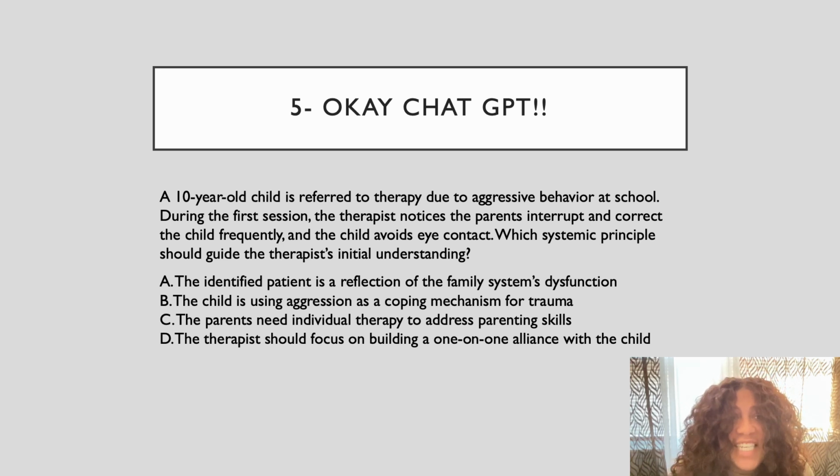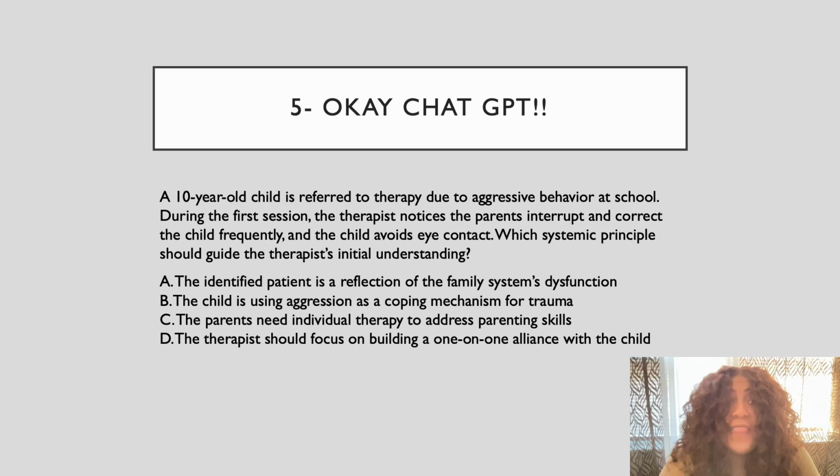We're not jumping the gun. We're not jumping through loops, jumping over anything. It's just your initial understanding. Sometimes we look past those words, but those words are so important. The systemic principle that is guiding the initial understanding.